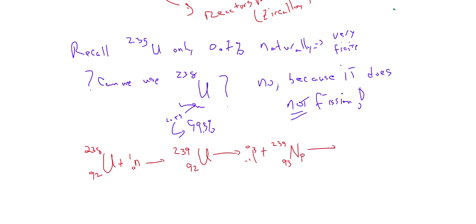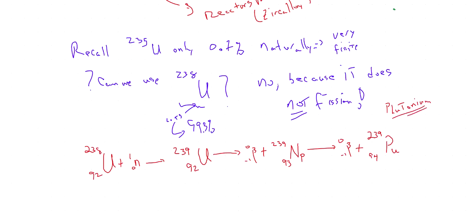And now this undergoes negative beta decay. Now we have element 94, and again, 239. So what has 94 protons? If we look in the periodic table, this is plutonium. Super deadly stuff. All of the plutonium on the Earth is human-made, okay?